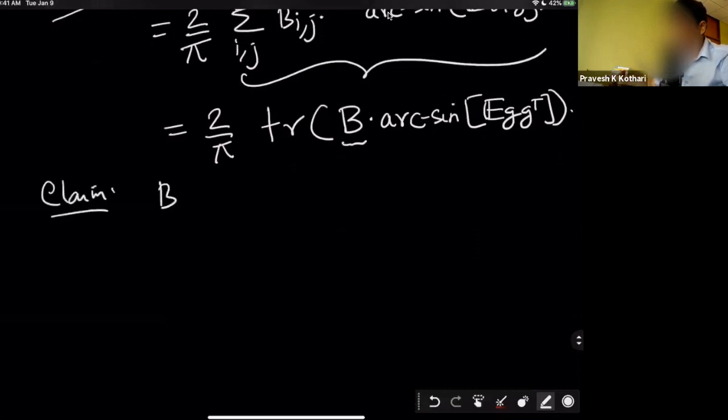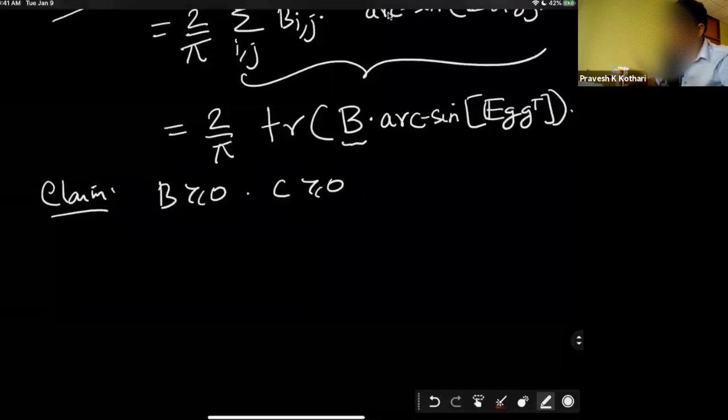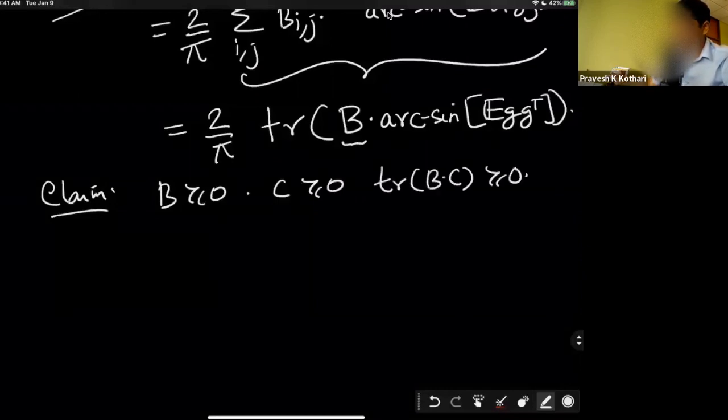If B is a PSD matrix, and C is a PSD matrix, then trace of B times C is non-negative.